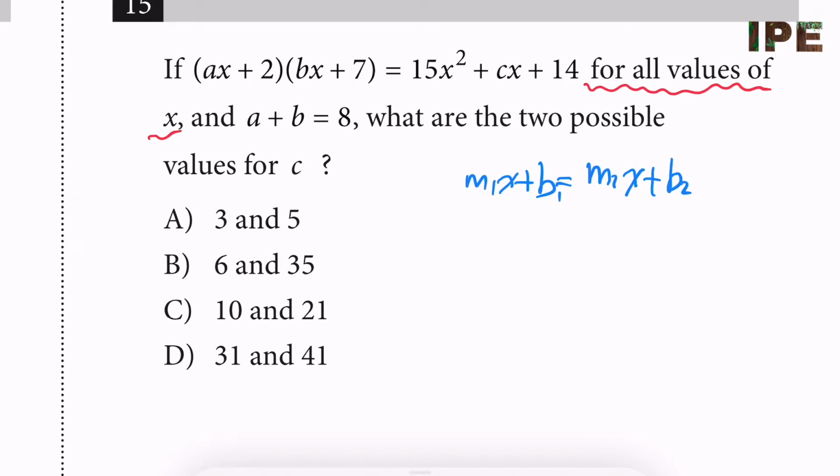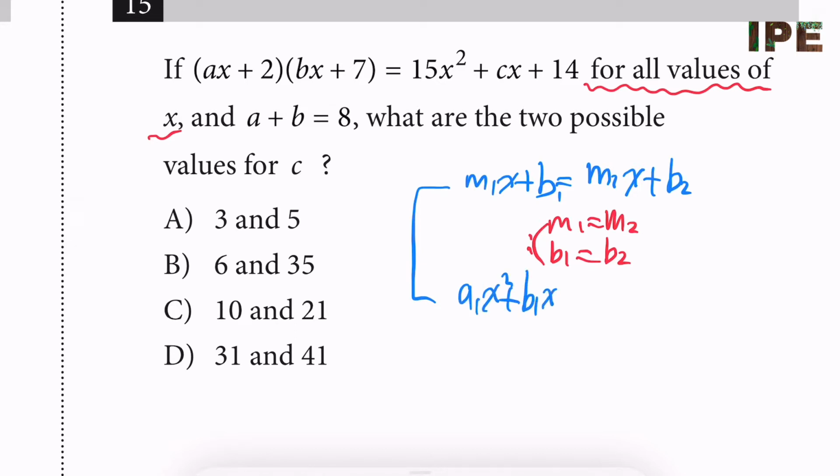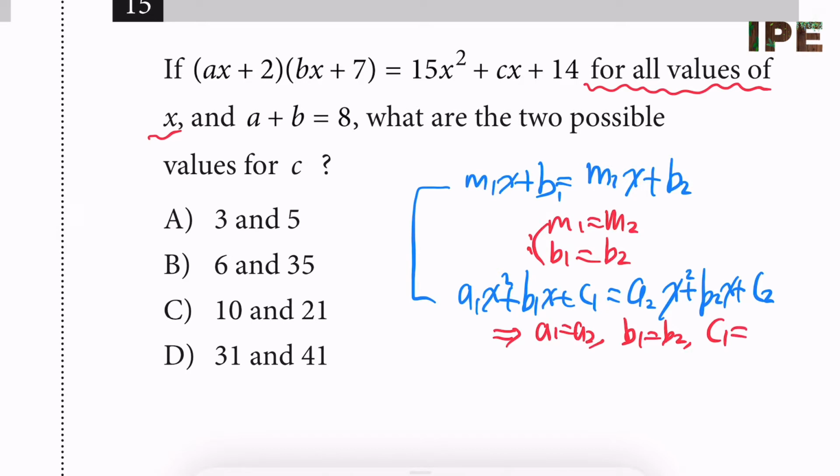If that is true for all values of x, that means what? m1 equals m2, and b1 equals b2. In the quadratic, same thing. If a1x squared plus b1x plus c1 is equal to a2x squared plus b2x plus c2 for all values of x, then a1 equals a2, b1 equals b2, and c1 equals c2.